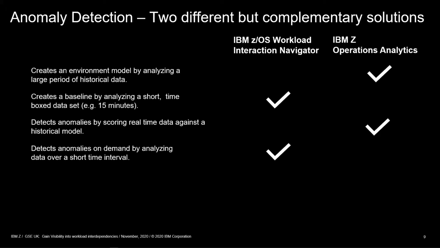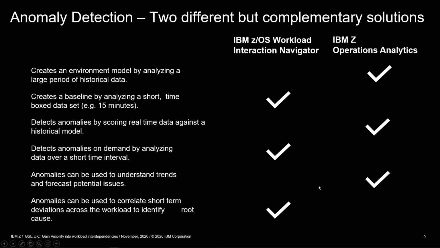Whereas machine learning solutions are scoring a set of KPIs against a historical baseline and looking for trends and patterns, often doing a little bit of summarization to smooth out some of the curves. And they have two very different use cases of what they're going after. The navigator is very good at correlating those short-term anomalies or deviations to identify root cause.